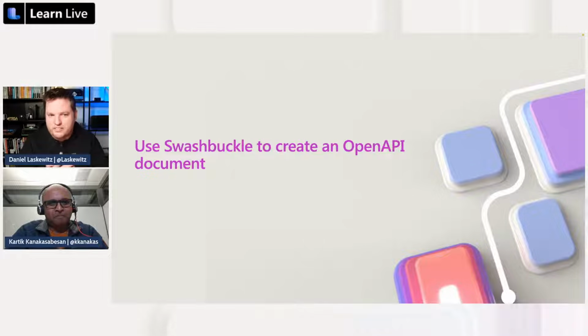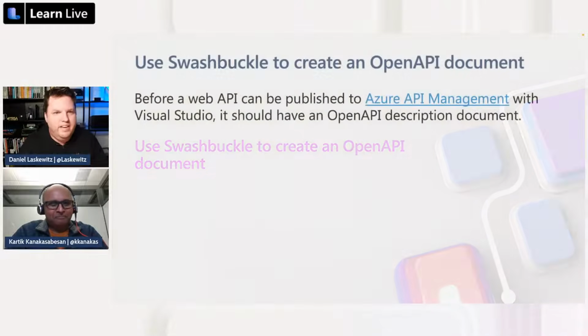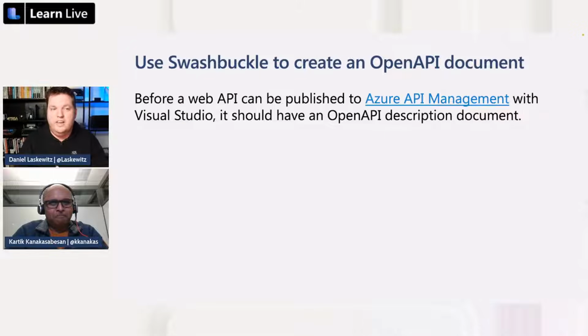And the first part of this module is about using Swashbuckle to create an OpenAPI document. And that's, of course, to make sure that Azure API Management can work with your API, right? Right, exactly. As we know, OpenAPI is essentially being able to document this API in an agnostic way.